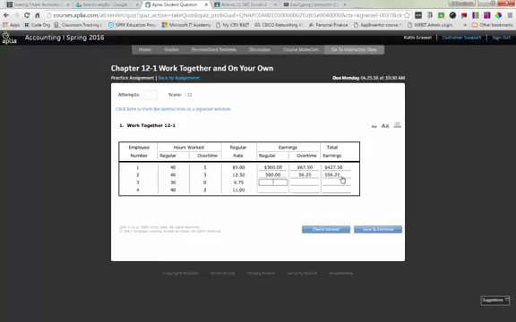Employee number 3, you will notice, only worked 30 hours. Did not work a full 40-hour week, so I'm going to take 30 times $9.75. That will give me $292.50. Overtime, do we have to put a 0 in? Okay.